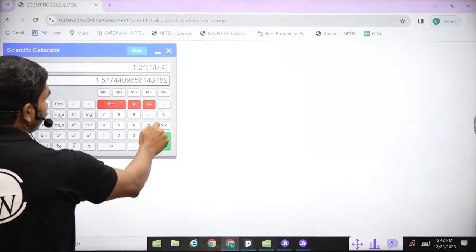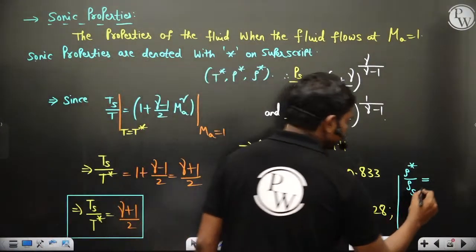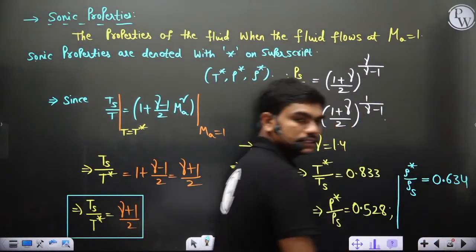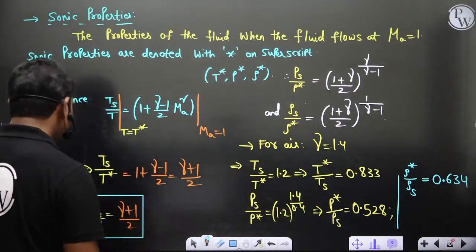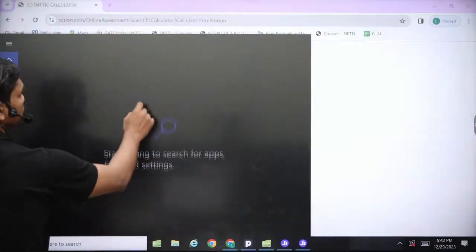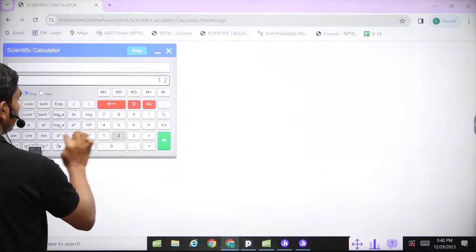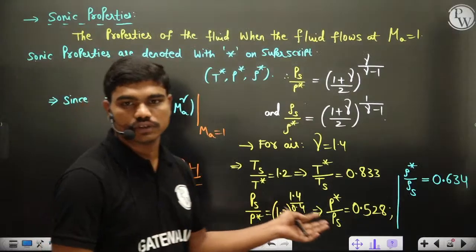So this value, then flip it, 0.634 is what you're getting. We are getting 0.64. Let's do it again. 1.2 power 2.5, so flip it, 0.64 actually.